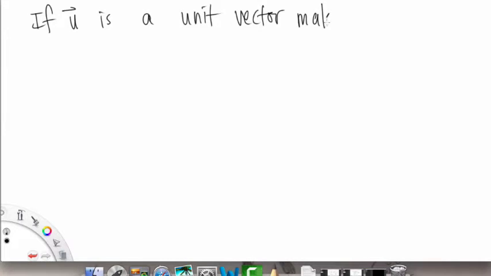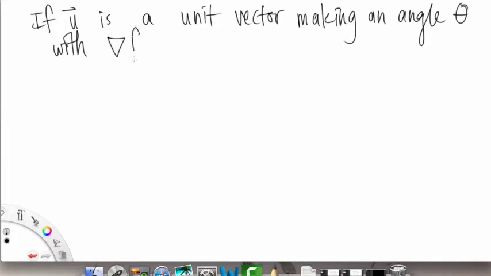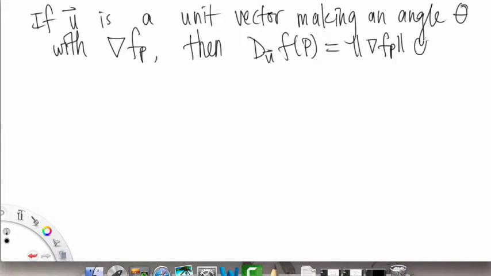So if u is a unit vector making an angle, we'll call it theta, because that's what we've been calling it so far, with our gradient of f at p, then our directional derivative, D sub u f at p, is equal to the magnitude of the gradient times cosine of that angle between, okay?